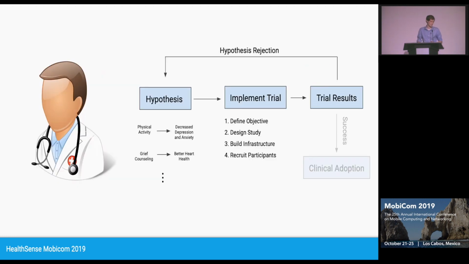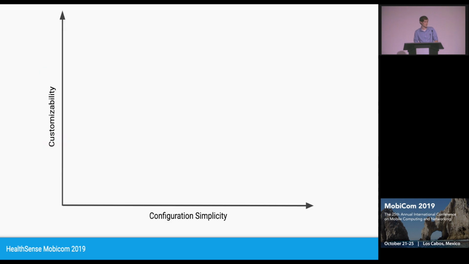So back to our clinical researcher, as they're iterating through this loop of developing a hypothesis, implementing the trial, gaining results, and then going back to developing another hypothesis, the hardest part of this loop is building the infrastructure. To understand why, we have to take a look at what technologies are currently available to clinical researchers. So we can think of all available technologies on a graph of customizability by configuration simplicity.